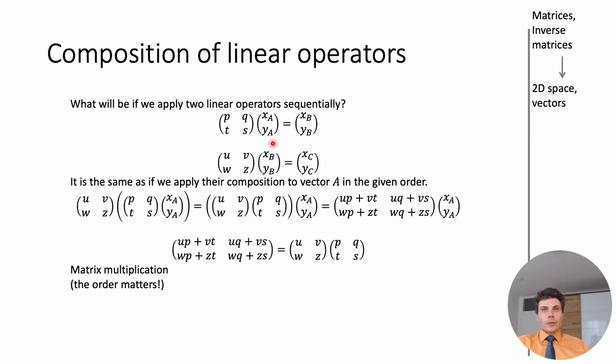Then we have to subject the input vector to the multiplication of the 2 matrices one by one, but the order matters.